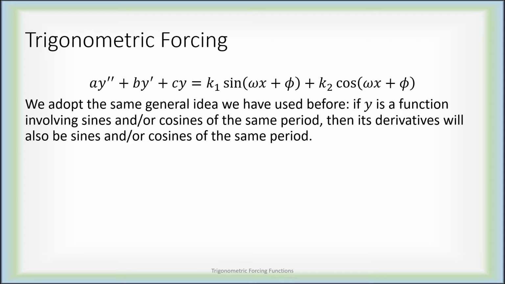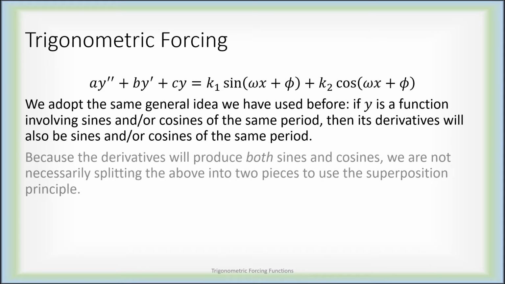We're going to adopt the same general idea we used before. Now, if y happened to be some sort of combination of sines and cosines with the same period and phase shift, then its derivatives would also be sines or cosines with the same period and the same phase shift. Because the derivatives produce both sines and cosines, right? The derivative of sine is cosine, and then the derivative of that would be negative sine.